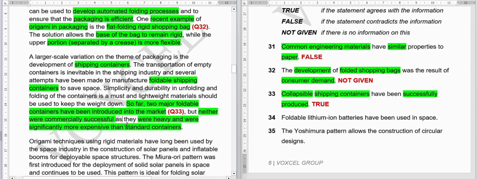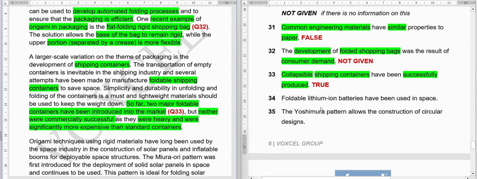But we don't have to concern ourselves with whether they were commercially successful or whether there was demand for these containers, because the question is not asking that. The question is asking whether we were able to manufacture them or not. Yes, we were able to manufacture them. That's all the question is asking. That's why the answer will be true. Hope it is clear.